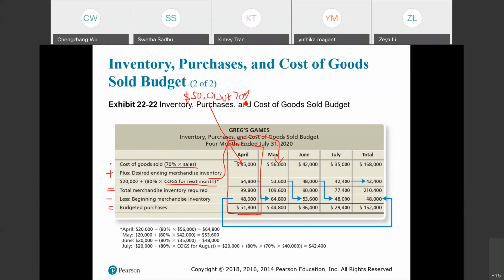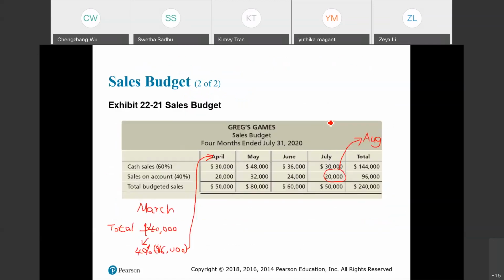You may ask, where do I find $50,000? This amount can be found right here. This is the budgeted total sales for April.